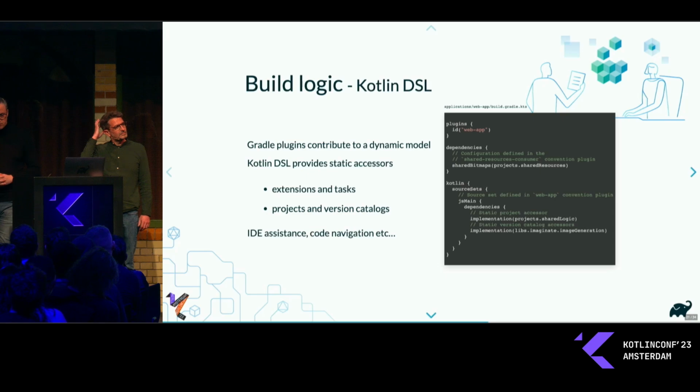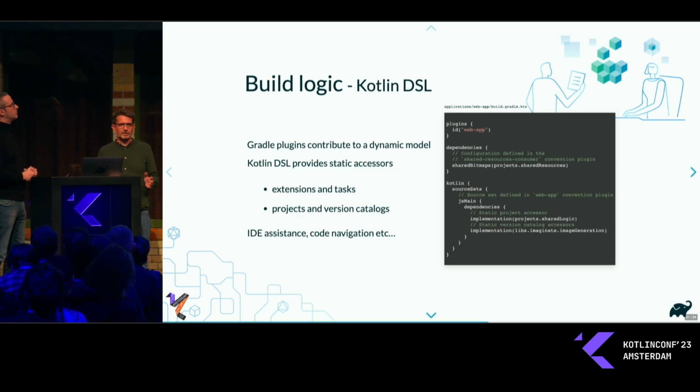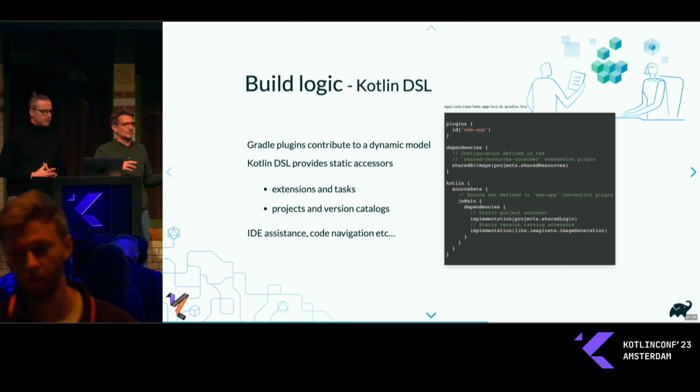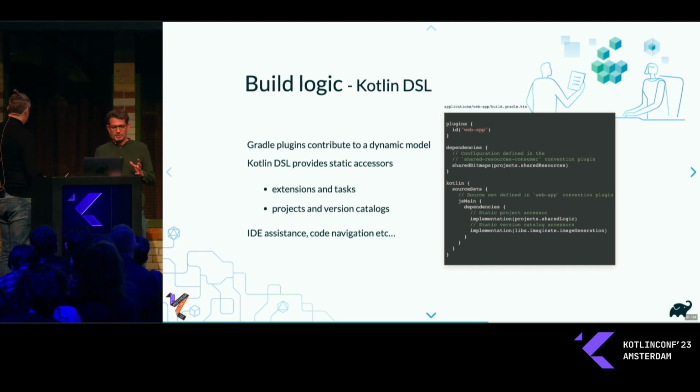So, to take a step back and recap what we saw: having Kotlin everywhere in your app, from the multiplatform apps to the build logic, is possible thanks to the Gradle Kotlin DSL.